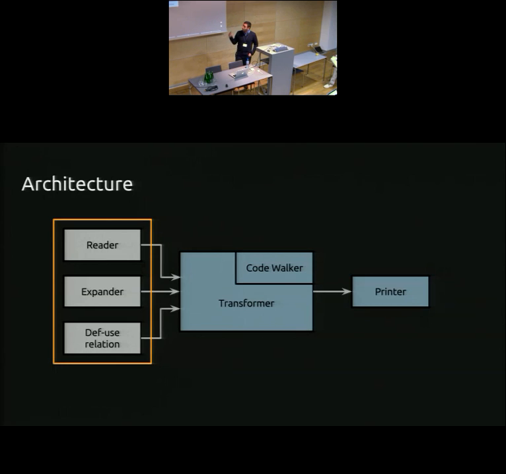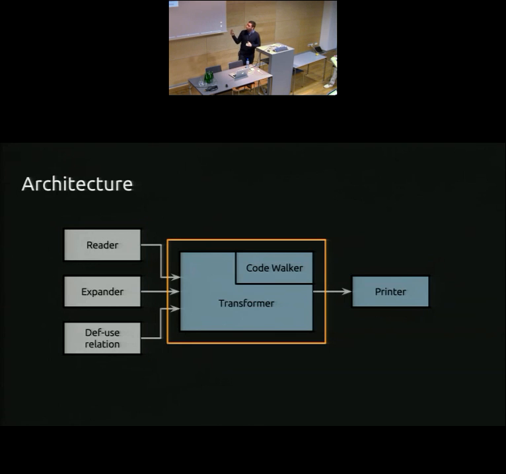The abstract syntax tree is produced in its original form in the reader and in the expanded form in the expander. The expanded form has the macros expanded and the lexical scopes. The def-use relations are computed in the compiler in the background, and both the ASTs and the def-use relations are only computed if the program is syntactically correct.